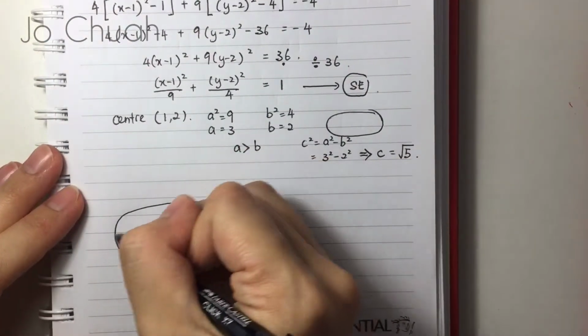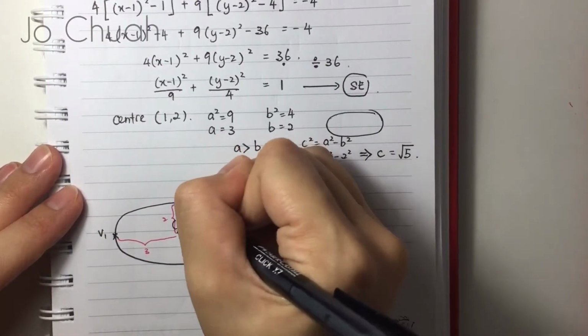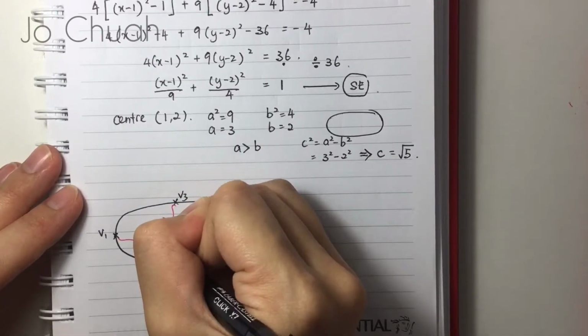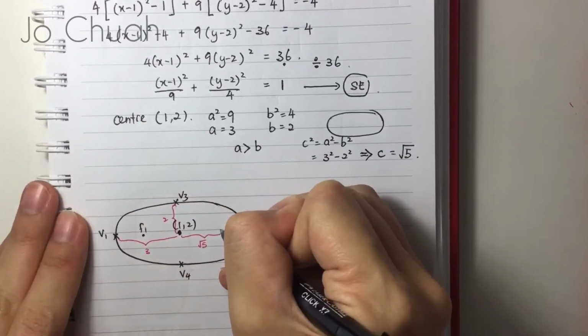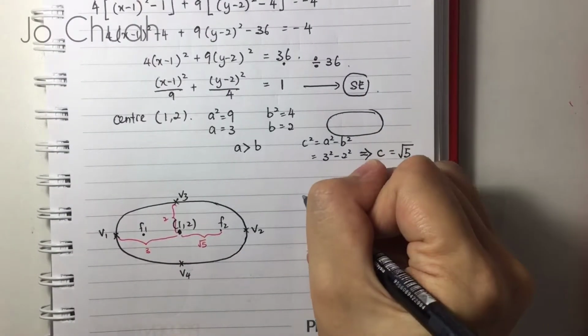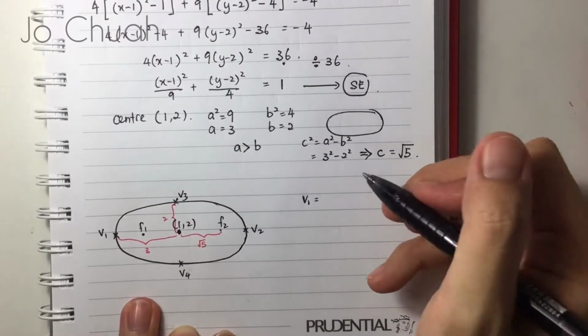We have to label them first: v1, v2, v3, v4, f1, f2.